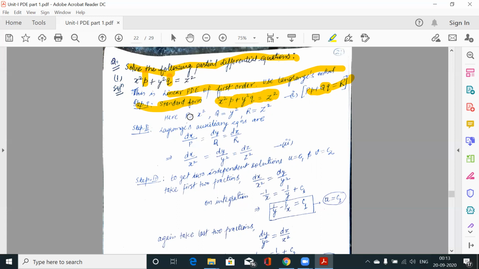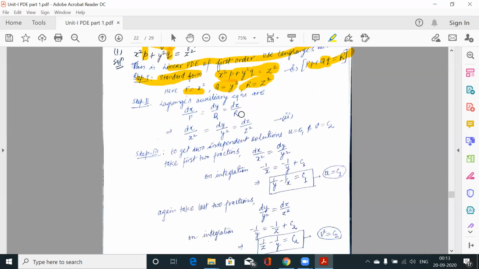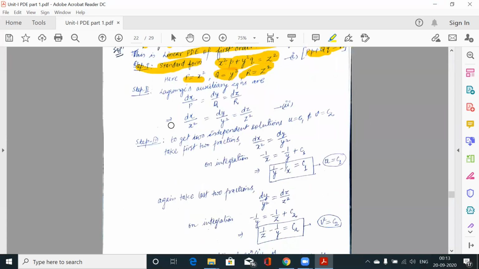Now what is capital P? Capital P is the coefficient of small p, which is x square. What is capital Q? It is the coefficient of small q, which is y square. And what is the right hand side? This is capital R, which is z square. So we have capital P, capital Q, and capital R. Now step 2 is to make the Lagrange's auxiliary equations.